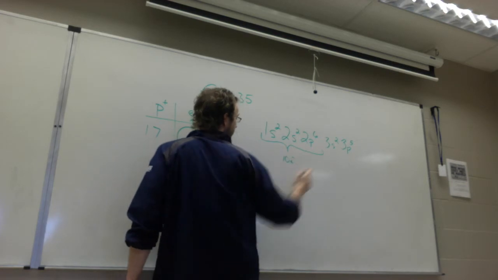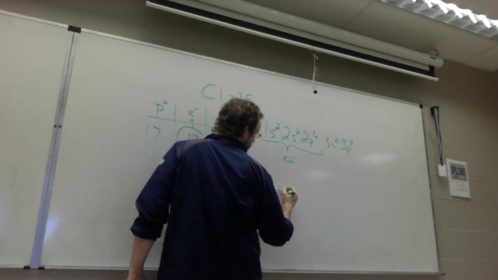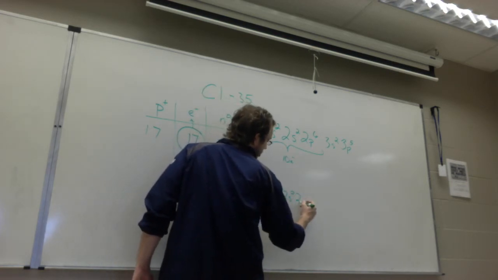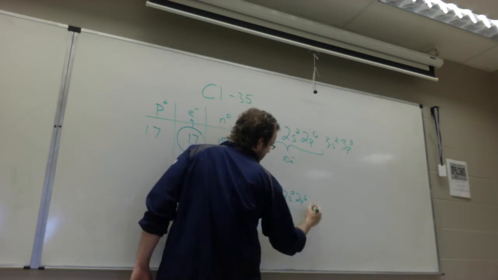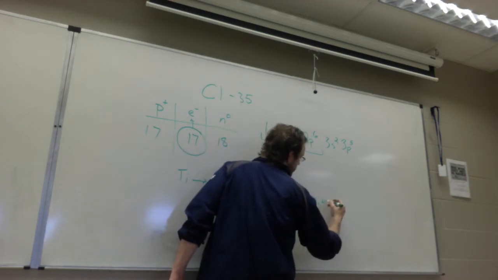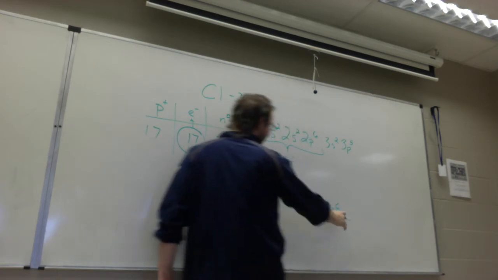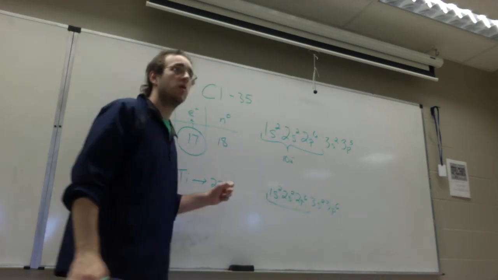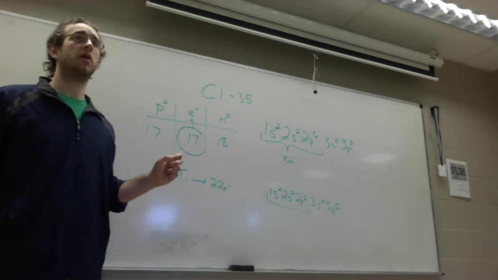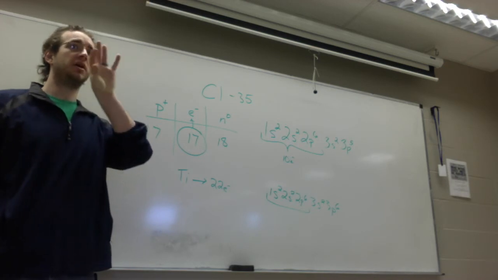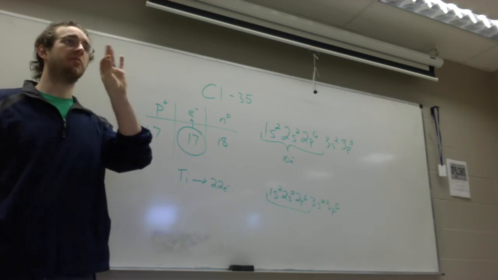The pattern for our filling is always the same according to Aufbau. 1s2, 2s2, 2p6, there's 10. 3s2, 3p6, there's 8. So we're at 18. We've got how many more?